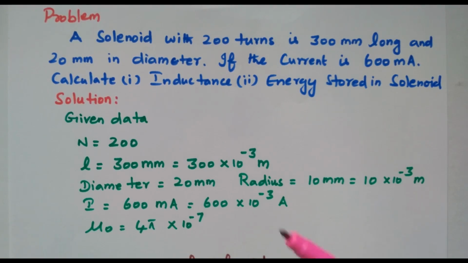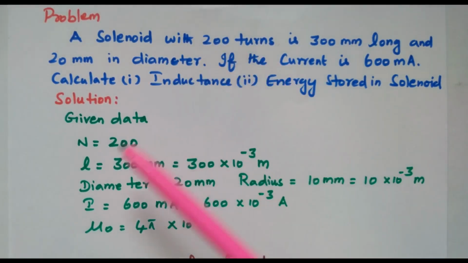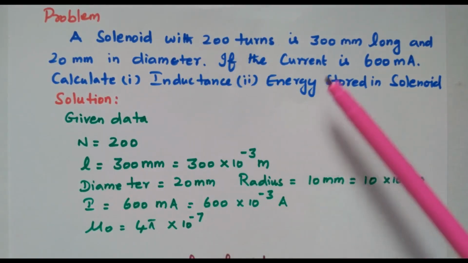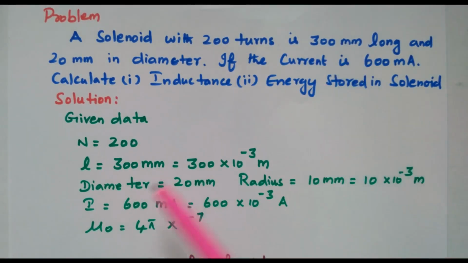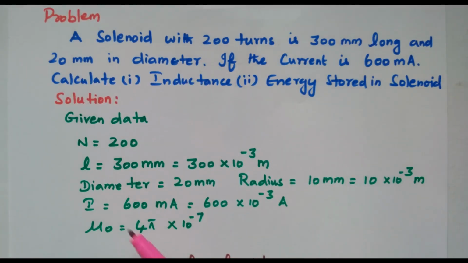In this problem, a solenoid has 200 turns, so the number of turns equals 200, and is 300 millimeter long. The length of the solenoid is 300 into 10 to the power minus 3 meter, the millimeter converted into meter. It is 20 millimeter in diameter, so the radius will be 10 millimeter, converted into meter: 10 into 10 to the power minus 3 meter.